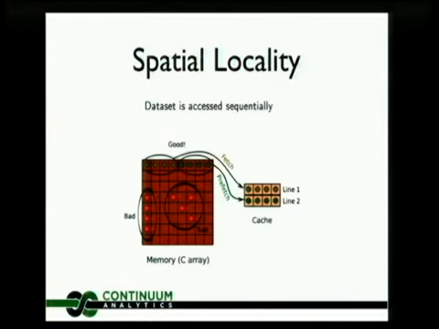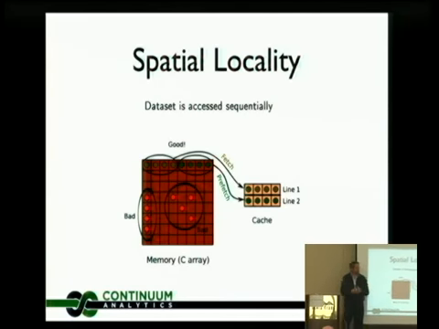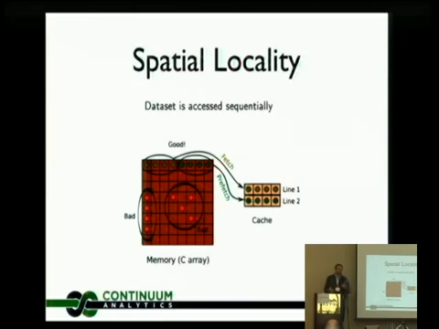Spatial locality is a little bit different. It means that you have a privileged direction in your arrays, and fetching data in this direction is much faster than fetching data in another direction, because this is the way the architectures are implemented.